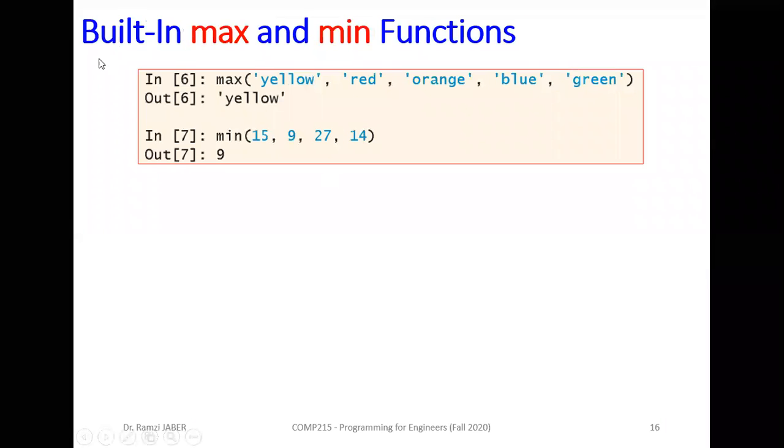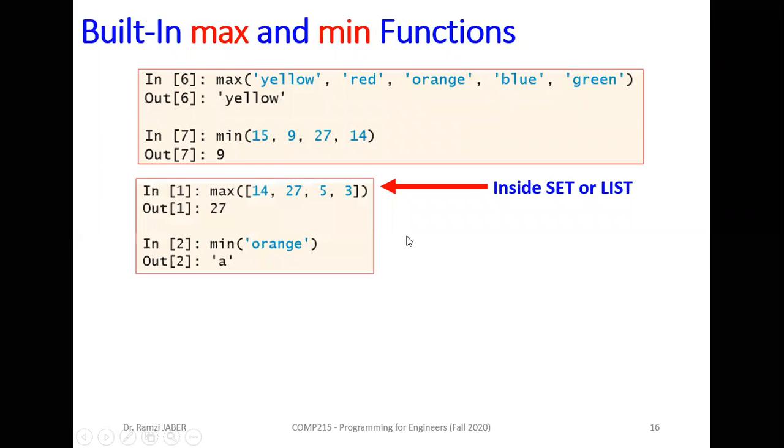We have built-in functions in Python, max and min. We have max with parentheses; write strings as you want and it gives us the maximum. Or minimum, min, give it any strings and it will give us the minimum.